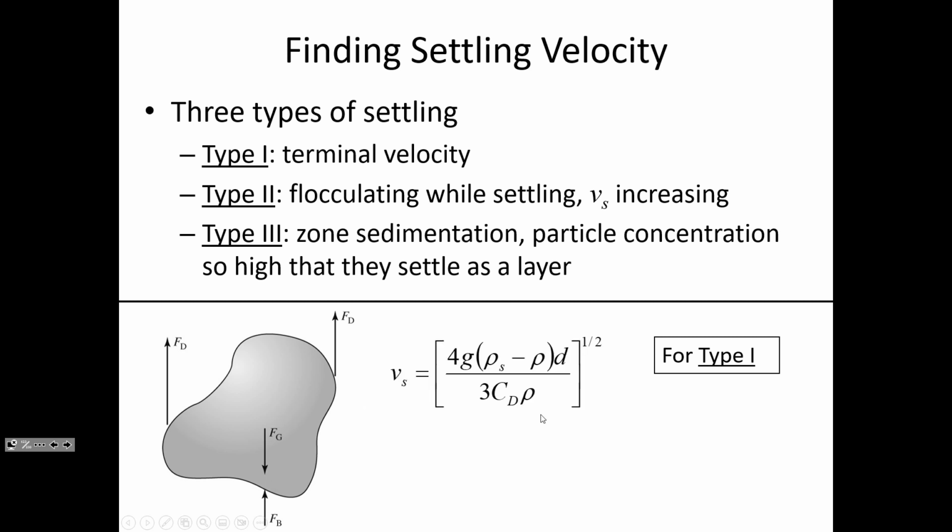So the settling velocity depends on the drag coefficient of the particle, that's C sub d. G is gravity. We've got the density of both the solid particle and the density of the liquid in this formula, and then the diameter of the particle.